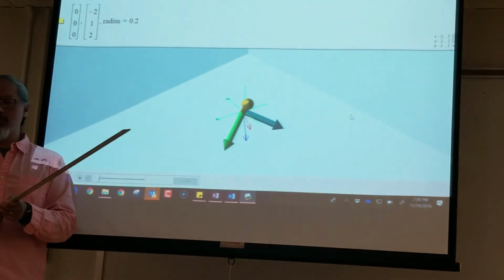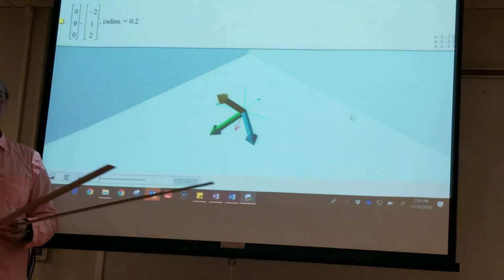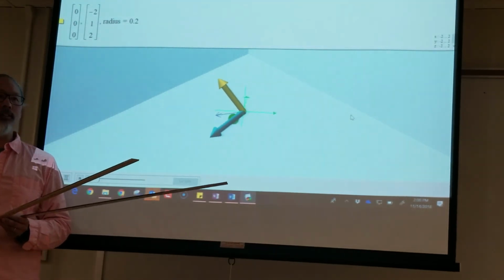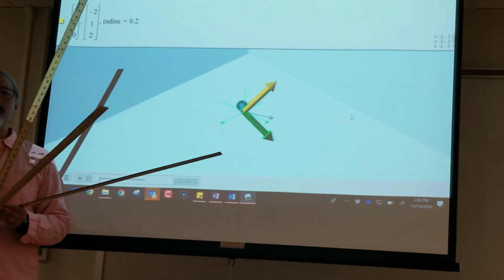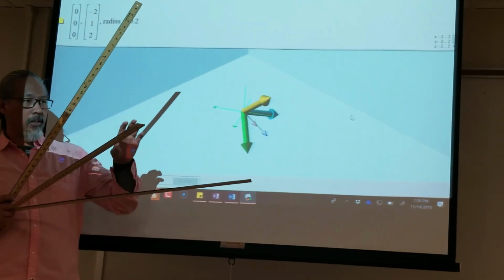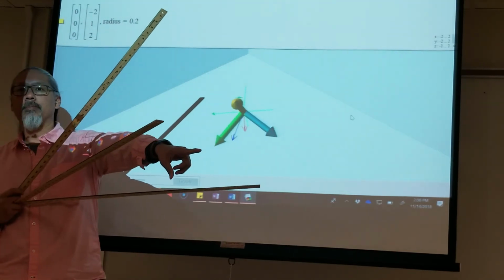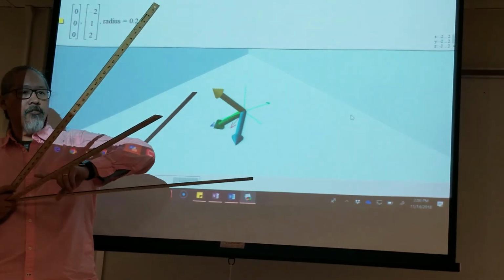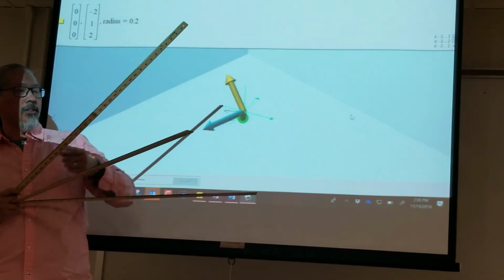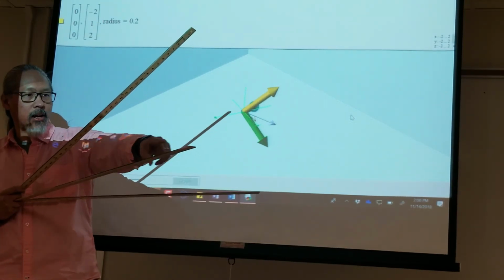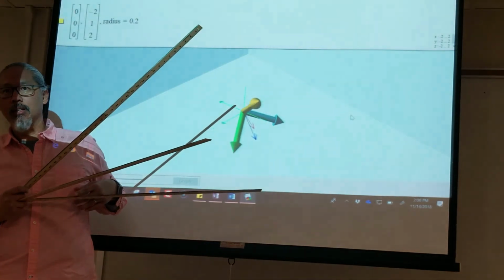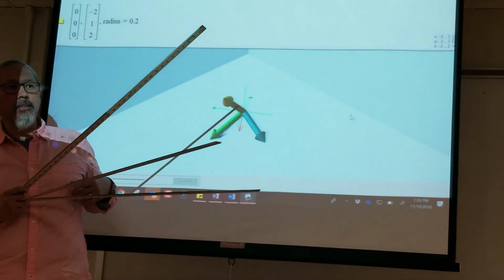These three vectors may not be perpendicular to each other. And you want to hit a target. Finding a way to get there using these coordinate vectors is going to be kind of difficult.